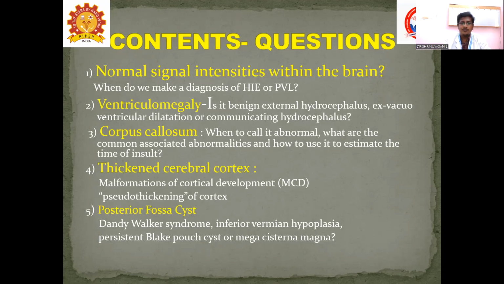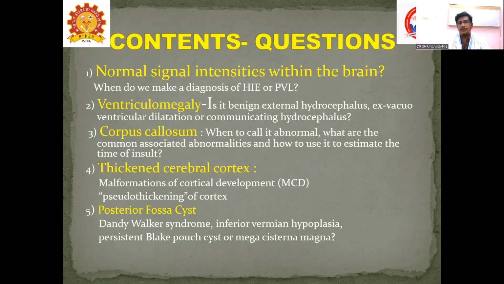When this CSF flow is obstructed, we call it obstructive hydrocephalus. The ventricles may also be dilated due to extraneous causes, like weakening of the brain matter, which results in ex-vacuo ventricular dilatation, or sometimes there may be communicating hydrocephalus also. So we have to identify whether the ventricles are normal or abnormal. If dilated, whether it is due to an obstructive cause, an ex-vacuo cause, or some other cause. Okay.